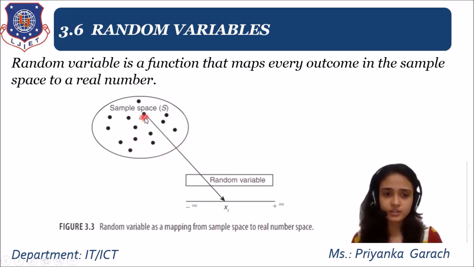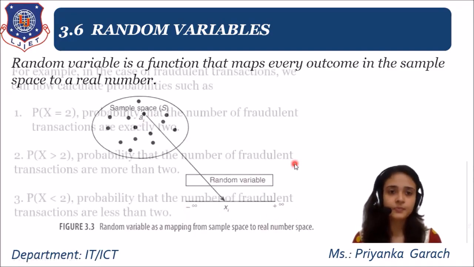If you map these possible outcomes to real numbers, it will be called your random variable. So this ai, that is my sample space outcome, is mapped to the real number xi. This xi value will lie between minus infinity to plus infinity.